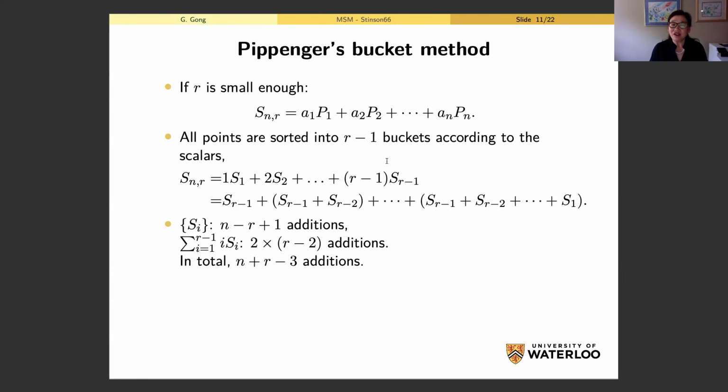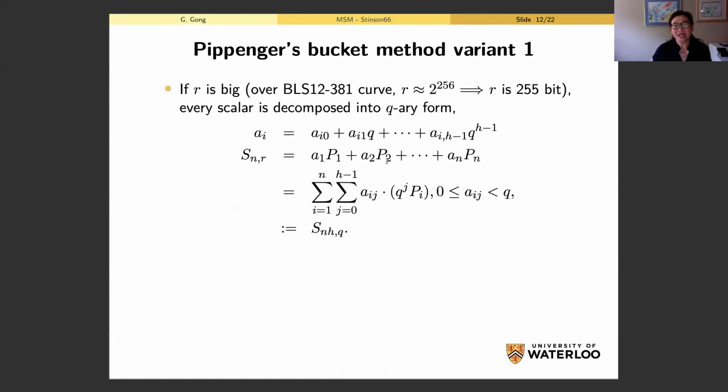However, if R is big, what can we do? For example, for BLS12-381, the 381 provides a little less than 128-bit security, and R is approximately 2 to the 256, which means 255 bits.